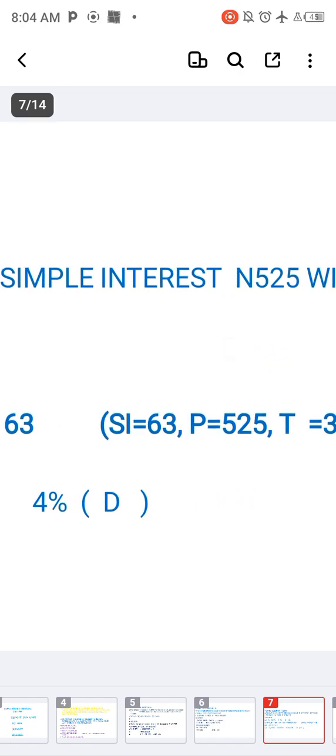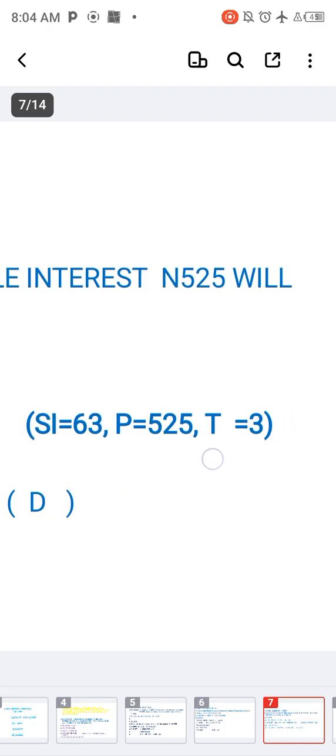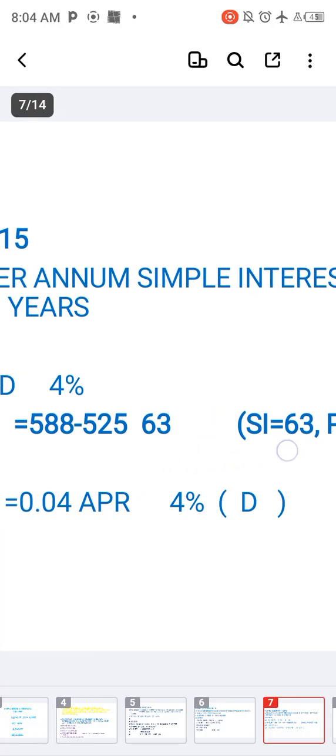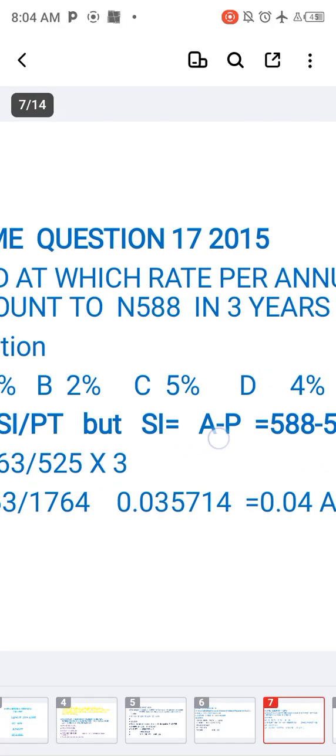So in that question, simple interest is 63, principal is 525, and the time is 3 years. You just fit these values in the formula for finding the rate, and that solves the problem.